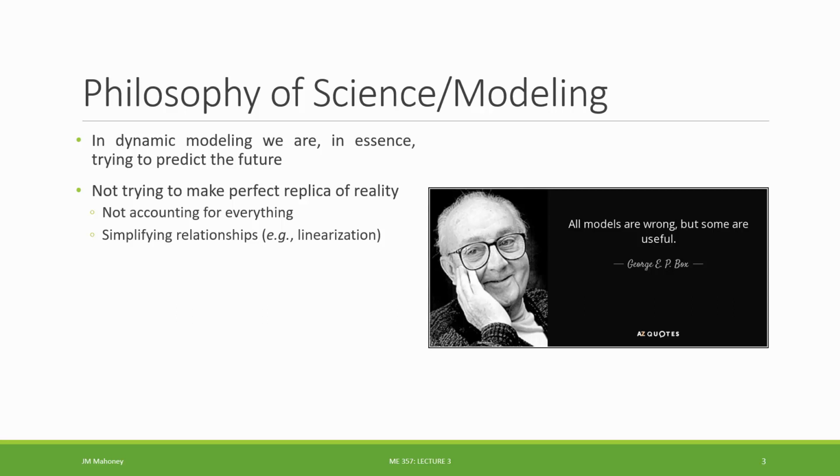So for example, when we use a linear spring or a linear damper, it's going to be much easier to solve these systems when we have a linear relationship between force and displacement, for instance, rather than a quadratic or some other type of relationship. It's going to keep our ordinary differential equations linear, and we know how to solve those much better than when we have a nonlinear ordinary differential equation.